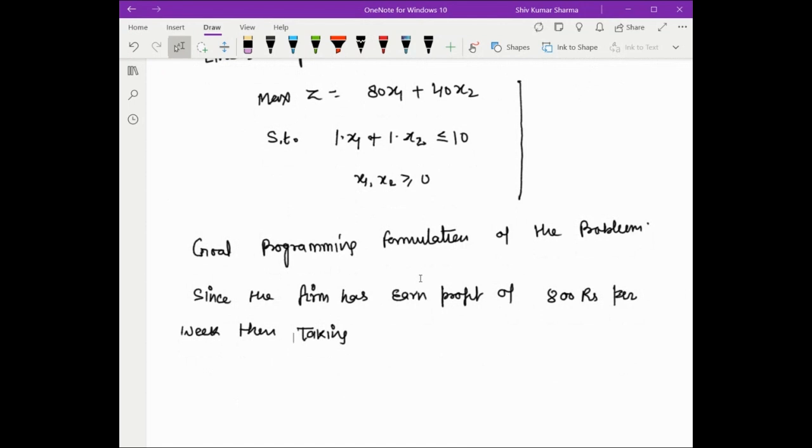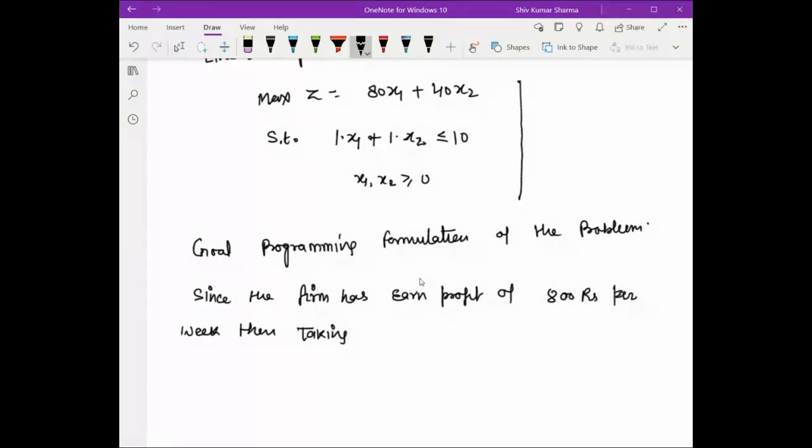The firm can achieve the target, or maybe there is some shortage, or maybe it gains more, that means 900 rupees, 1000 rupees, 1200 rupees maybe. So we take two variables.